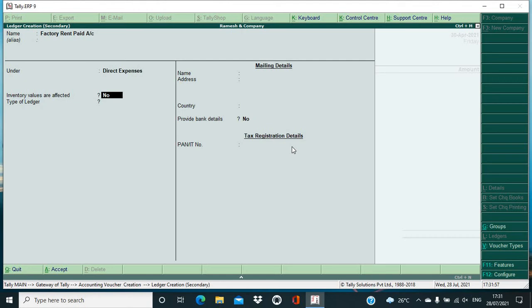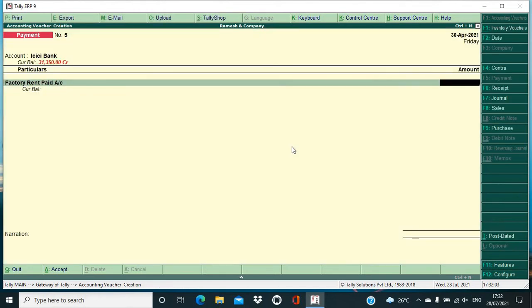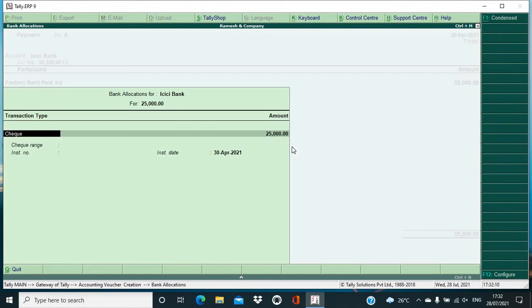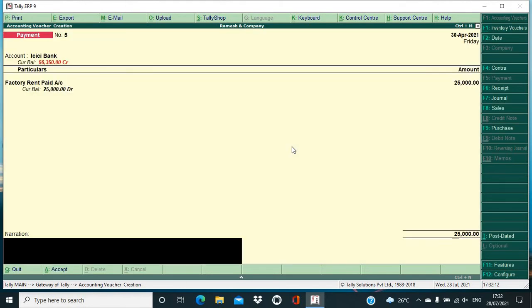Right now just remember that factory rent paid account will be grouped under direct expense and it is a trading account item. So you're paying a rent of 25,000. Give the narration as being factory rent paid for the month of April.